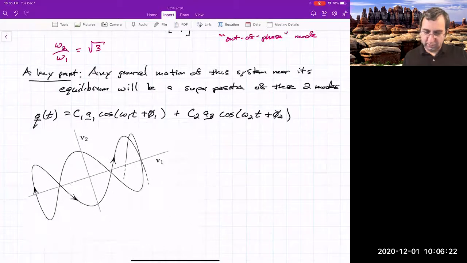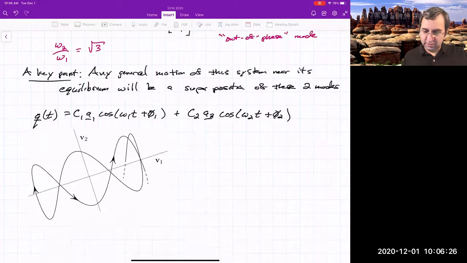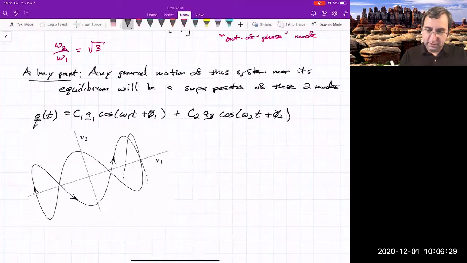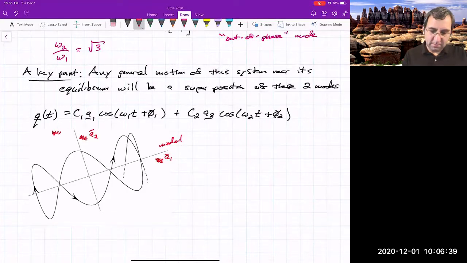It looks like some kind of oscillatory pattern, but in both directions. What we mean is that mode and this mode, mode 1, mode 2. If you start with some initial condition, you get a pattern that appears this way.